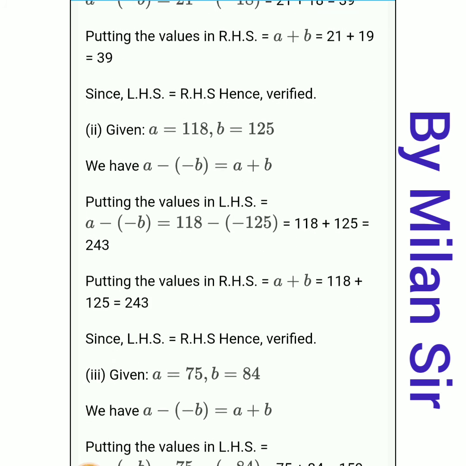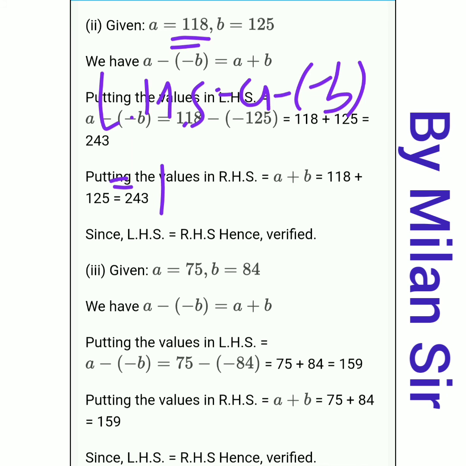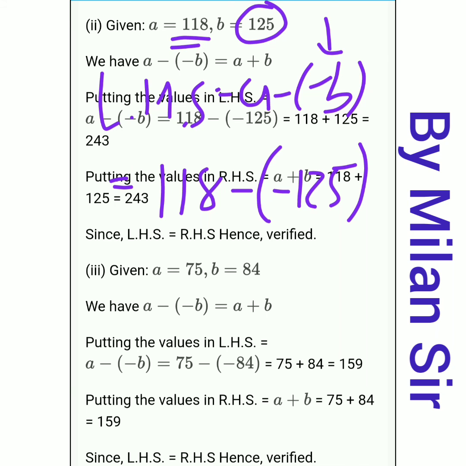Okay, then the second question. Again LHS, a minus negative b. Put the values of a and b. a is equal to 118, then a negative sign, then here negative b, so again negative, then this b, which is 125. So 118, then minus minus 125.